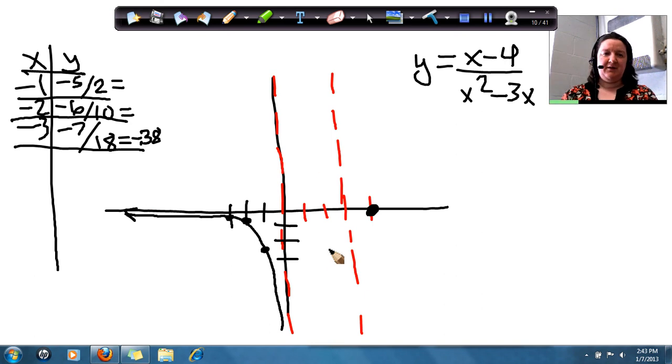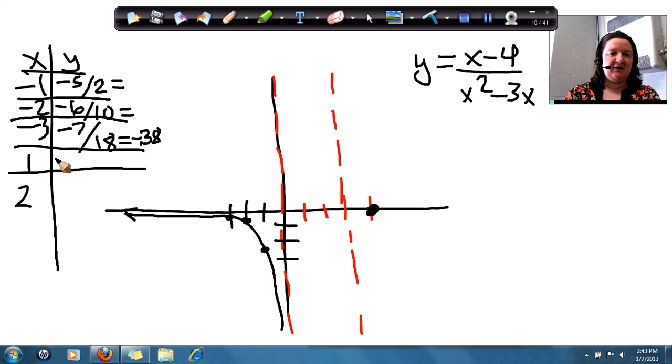Let's find out what's happening in between those. We try +1, +2. If I put a 1 in there, it's going to give me a -3. And then 1 minus 3 would be a -2. So -3 divided by -2 is a +1.5. If I look at 2, that's going to give me a -2 divided by 4 minus 6, which would be -2.